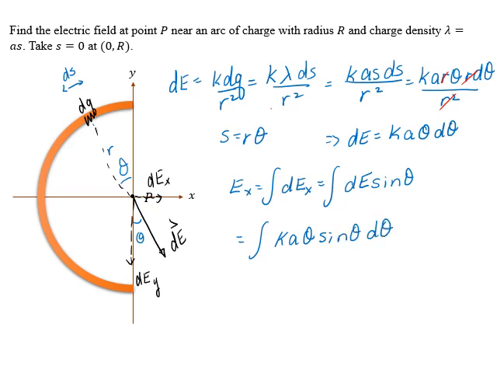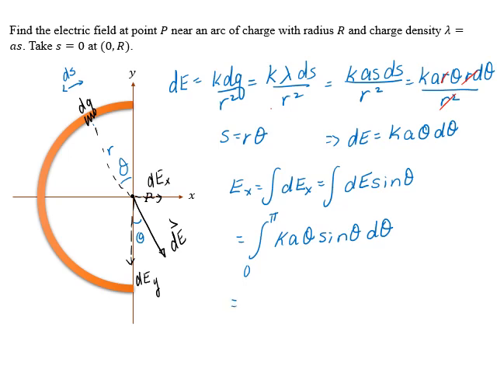I'm evaluating over the limits of theta, and theta is going to go from 0 to pi. Okay, and this matches what we expect about our charge density, that the density is 0 up here and it's big down here. So it all lines up. We haven't made any mistakes.